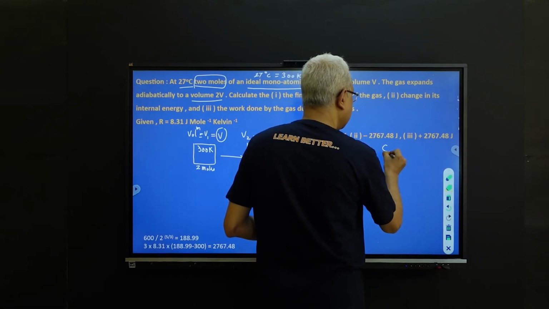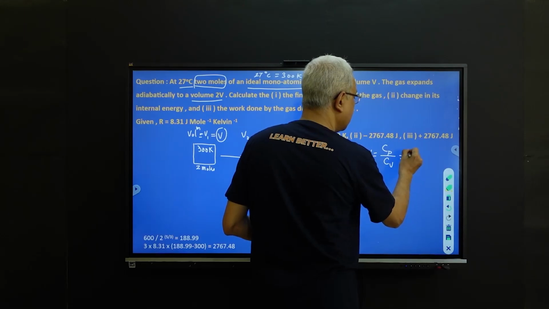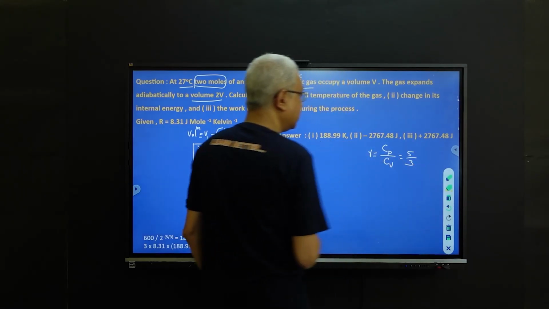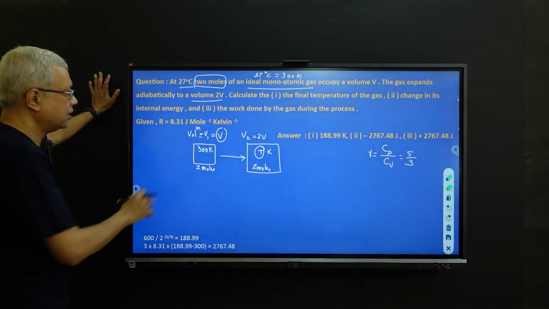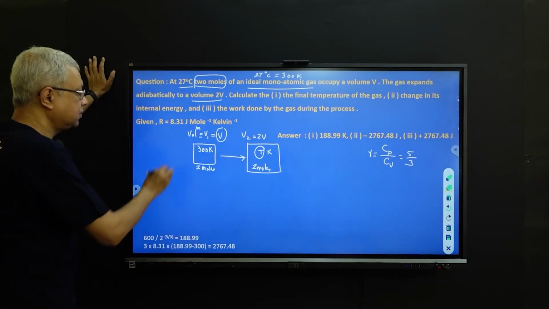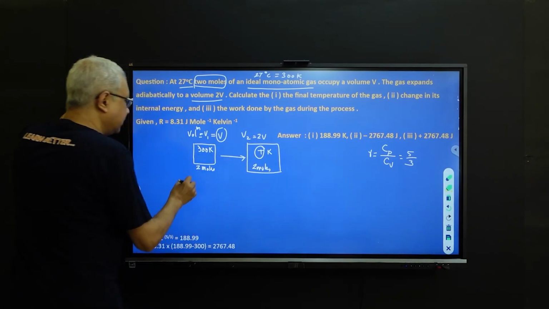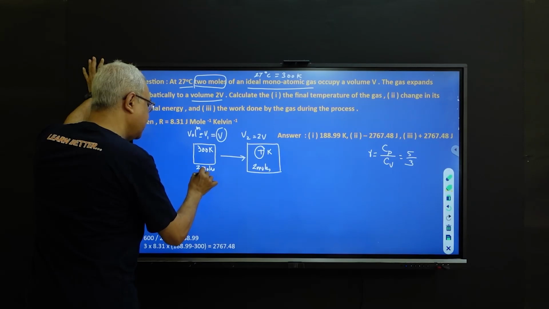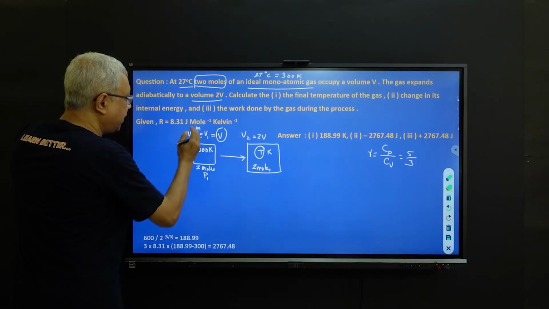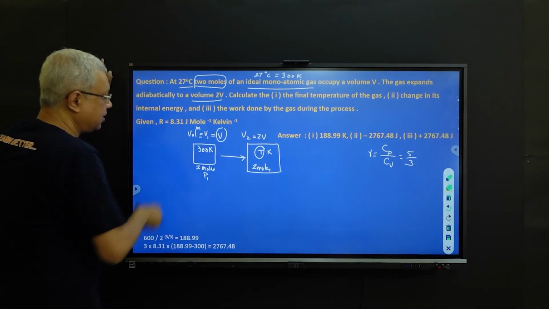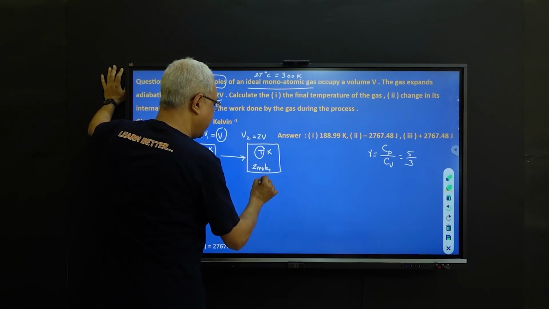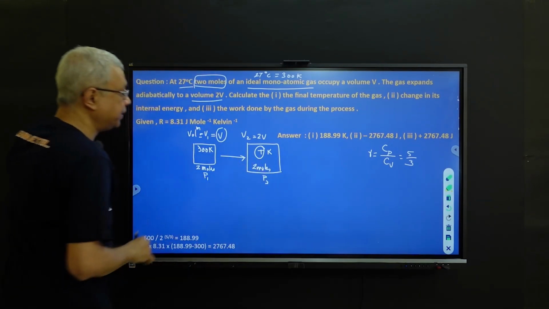So Cp by Cv, which is equal to gamma, is equal to 5 by 3. Now, this particular gas, which is an ideal gas, let P1 be the pressure of the gas at 300 Kelvin, and here the pressure be P2.